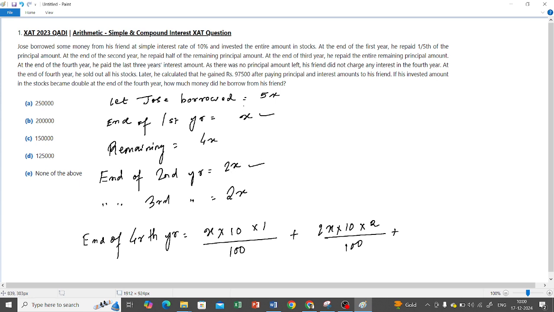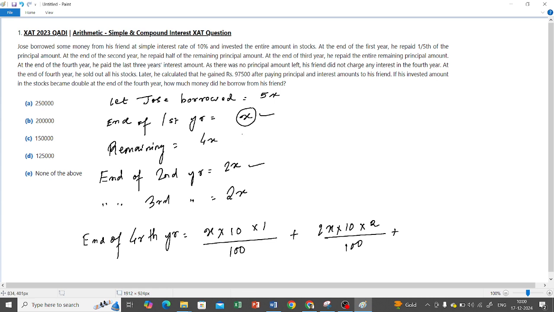But what is the interest imposed in these 2 years? This is what he paid in the first year. He didn't pay any interest, he just paid one fifth of the principal amount, but there is an interest imposed on it as well.